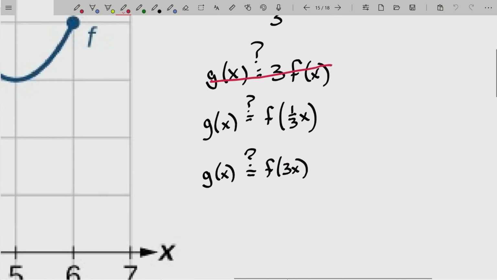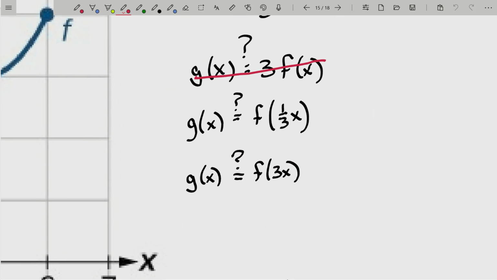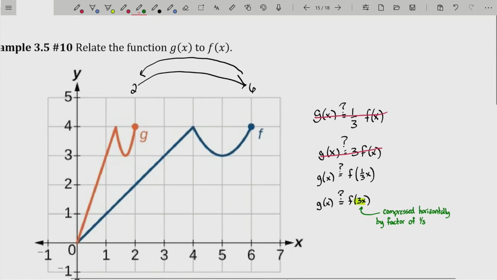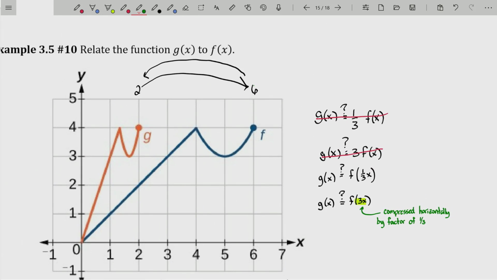If you look at those two options, the one that has the coefficient of x that's greater than 1 is this guy. That is a compression horizontally by a factor of the reciprocal of that, 1/3. And that is exactly what we want. We want our x values to be 1/3 of what they were originally. So this is the winner.